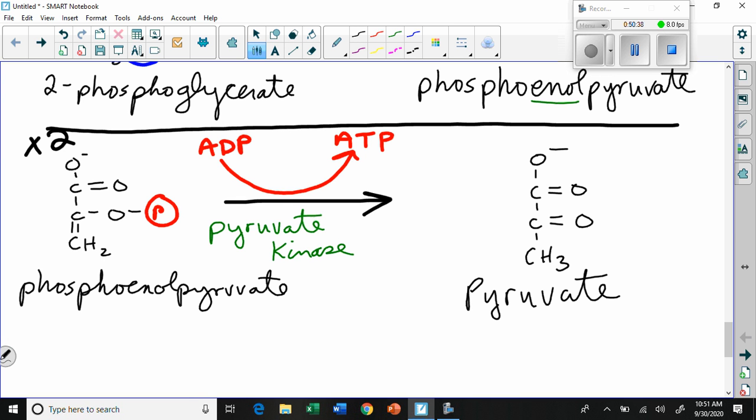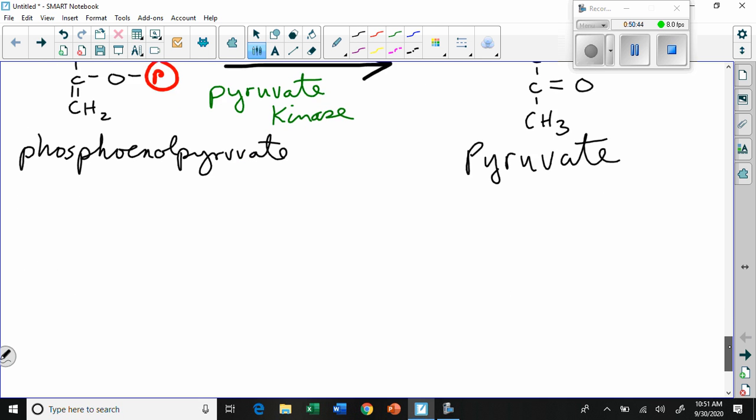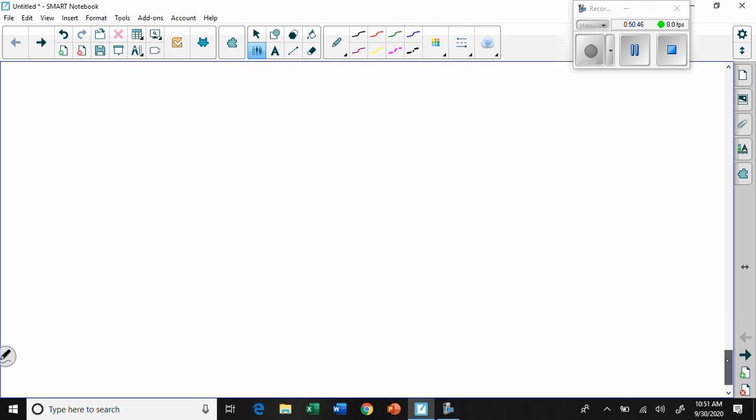There we go. Okay, are we ready for the summary? So to summarize, all we're going to do is write words. And we'll write it sort of in a chart form. And we'll start at the top. So the first molecule that we're going to write is glucose.